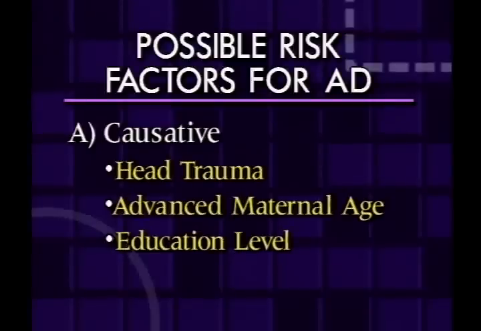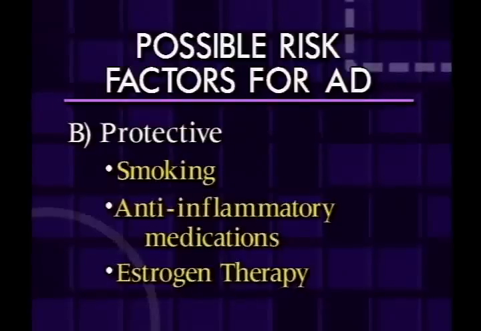And there is some literature to suggest that people with less education may have less intellectual reserve and be at slightly higher risk for developing the disease. Protective factors include smoking, curiously enough, although we don't encourage people to smoke, anti-inflammatory medications such as Motrin, which may help dampen some of the inflammatory response in the brain, and estrogen therapy.